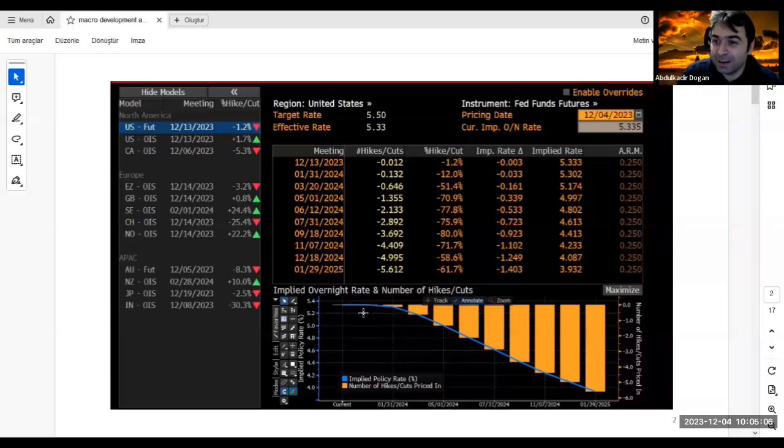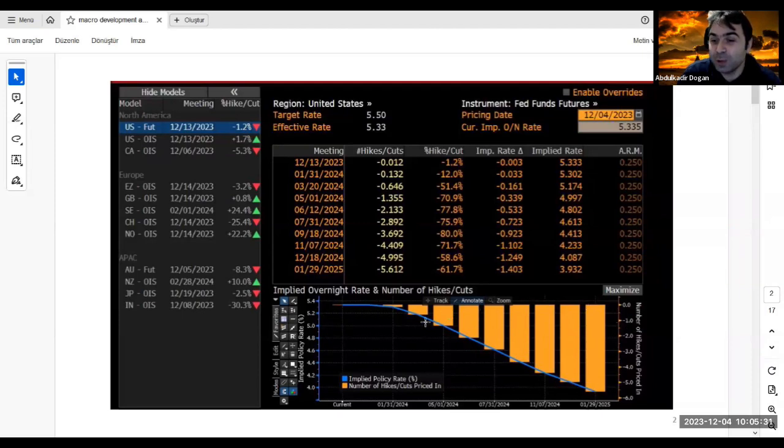As interest rates increased, demand decreased, inflation decreased, and the actual inflation is converging to the Federal Reserve target level of approximately 2%. Today it is at around 3%. So there will be no rate hike process by the market probability indicators, as you see here.